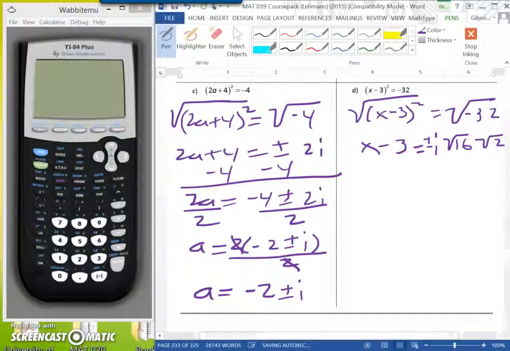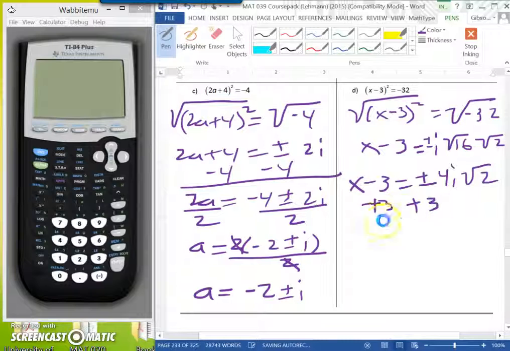So that'll break down to the square root of 16 times the square root of 2. So we have x minus 3 equals positive or negative square root of 16, which is 4, times i is 4i, square root of 2. Now we will add 3 on both sides. We have x is equal to 3 plus or minus 4i square root of 2.